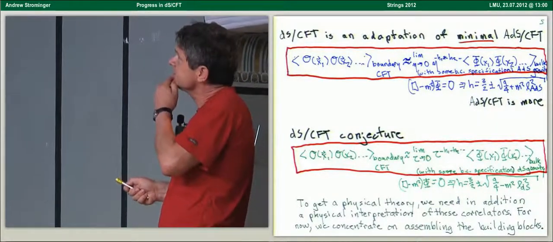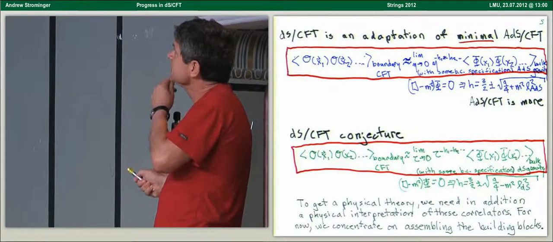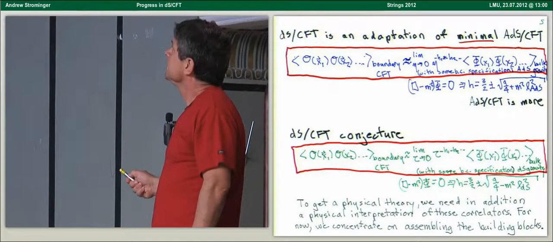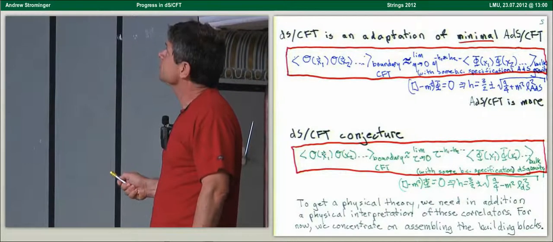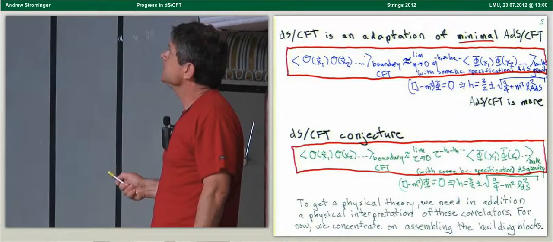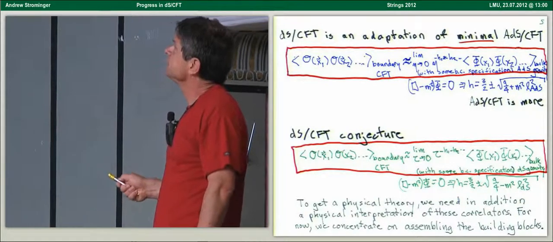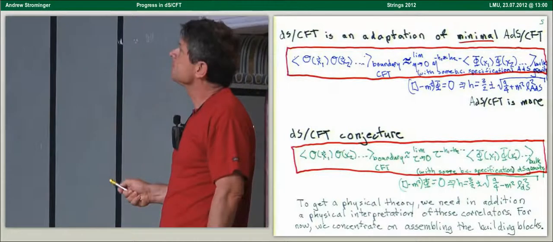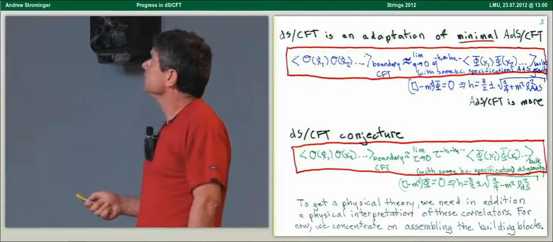So the DSCFT conjecture is that if you have a bulk theory in de Sitter space, you could take the points of the Green's function, push them to the boundary, and rescale them, and what's left is reproduced by the correlation functions of some conformal field theory which lives on the boundary.